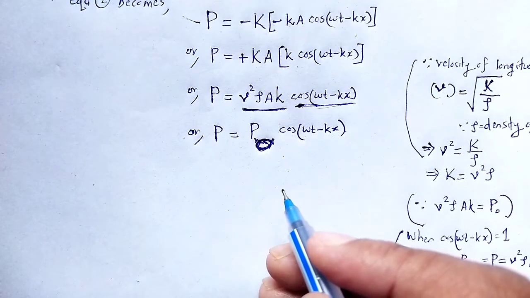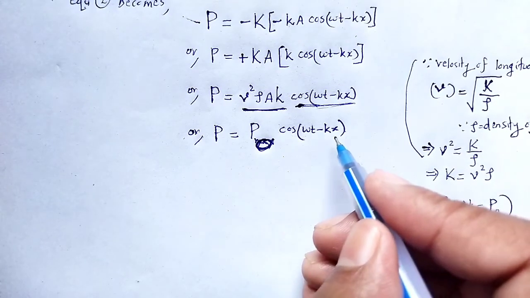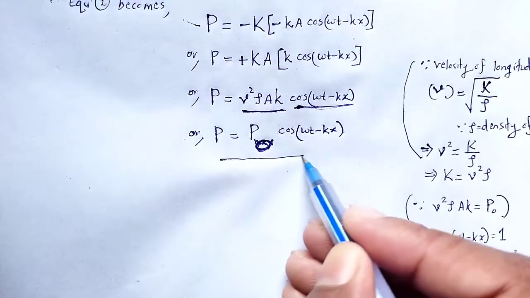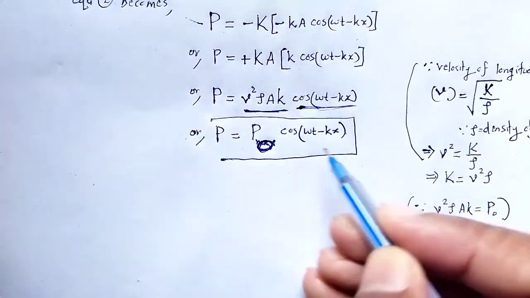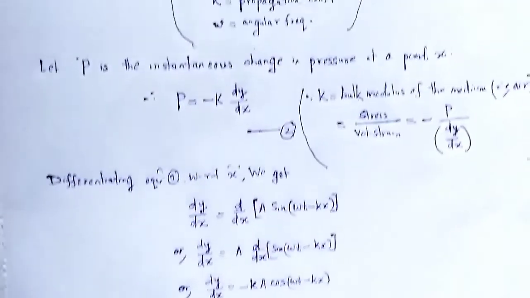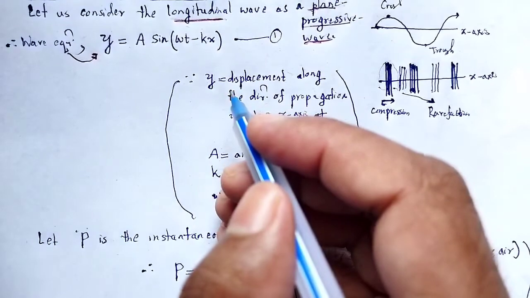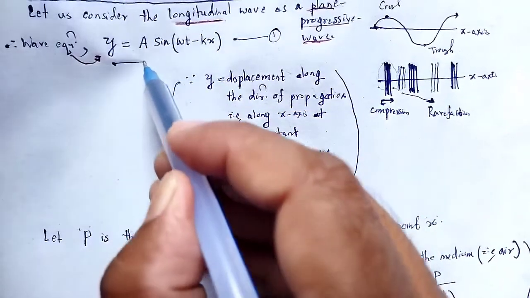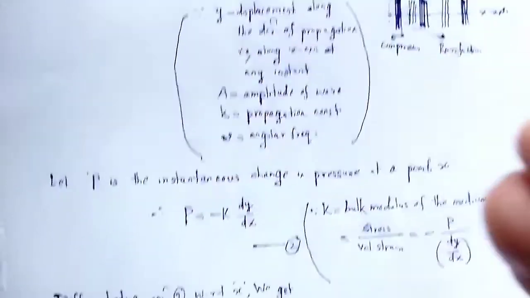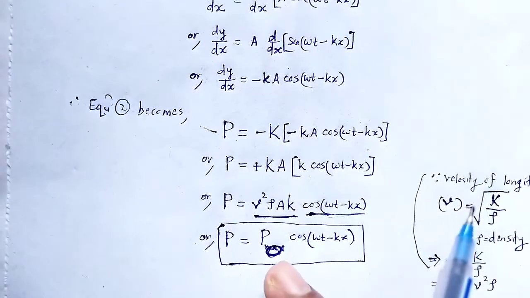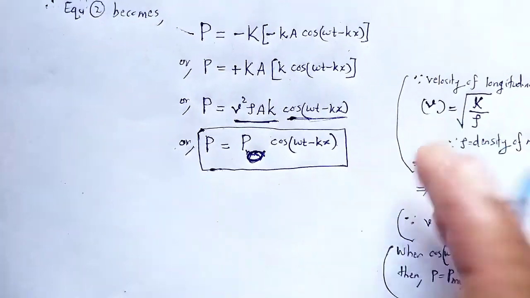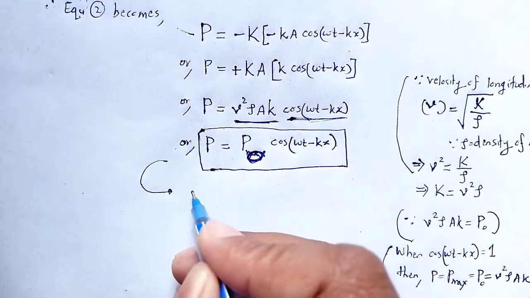That is, P is equal to P naught cos(omega t minus kx). Here we get y is equal to a sin(omega t minus kx), and in terms of pressure, P is equal to P naught cos(omega t minus kx).